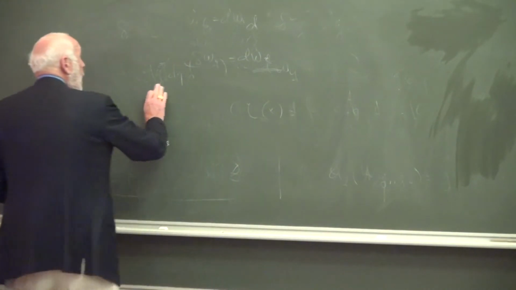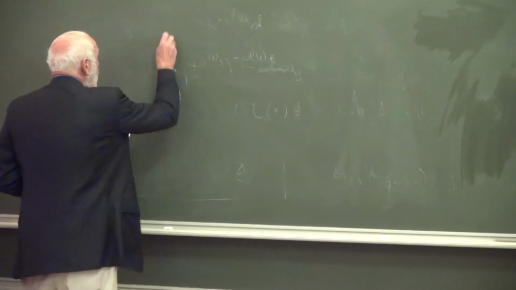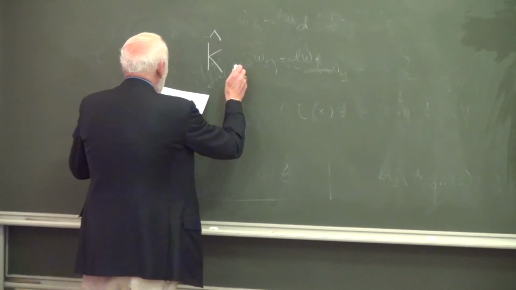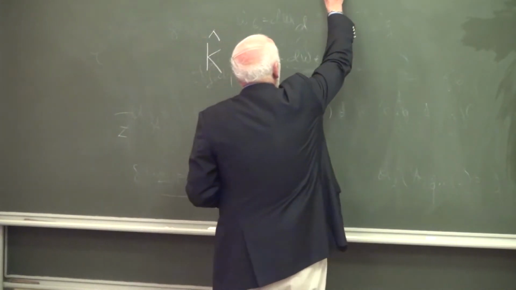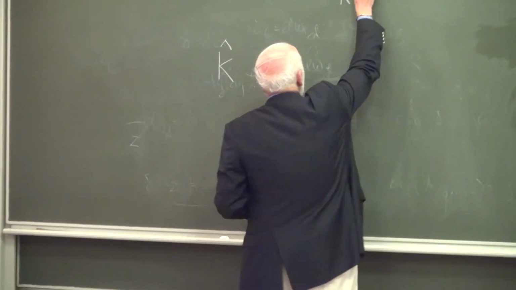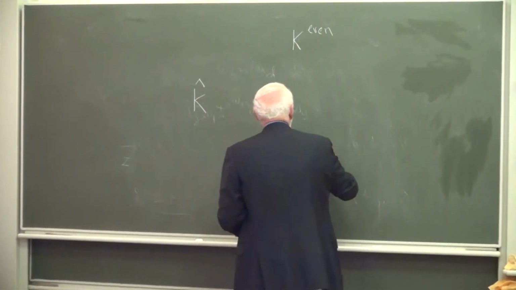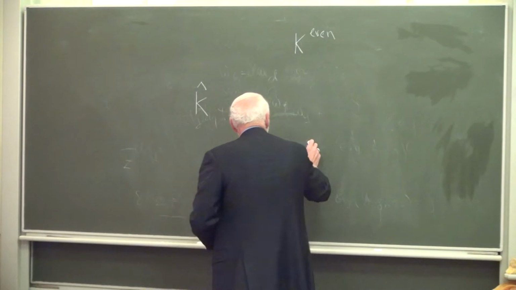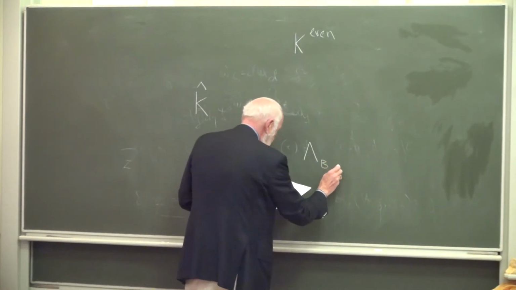I'm going to use this whole board for this diagram. In the middle, I'll put K hat, up here I'll put K even, and down here I'll put wedge BGL.